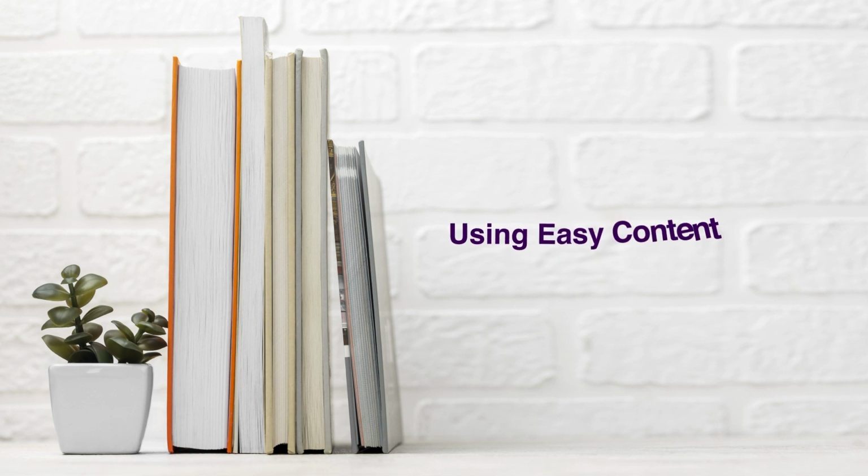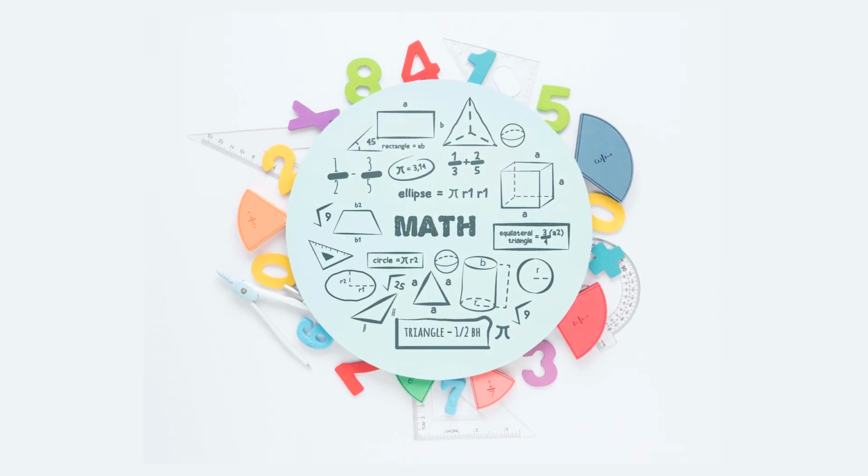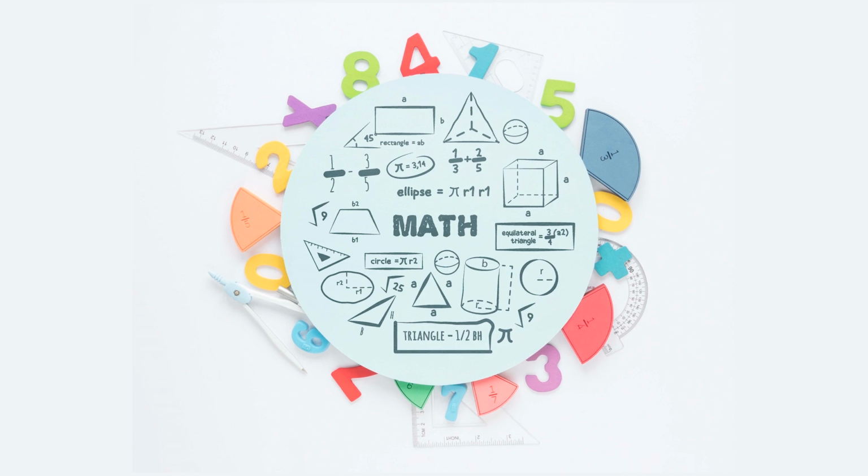The second is to use easy content. This technique involves using content that is suitable or even slightly lower in cognitive load for the students in order to teach them a new task or a strategy. This allows students to better focus on the strategy. For example, say a maths teacher wishes to explain a mathematical problem to the students.